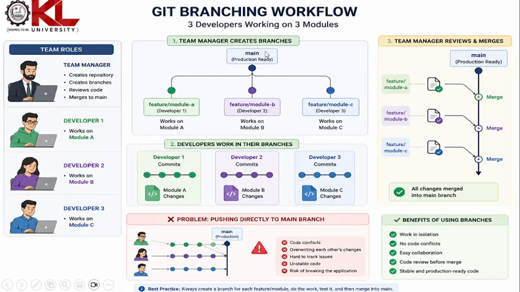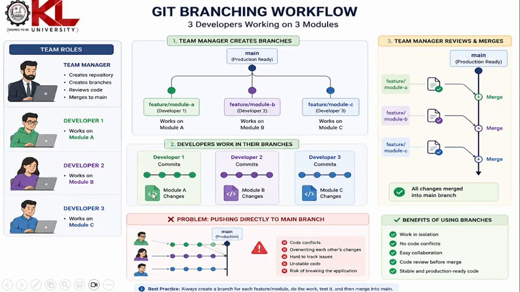Main is the main branch. Then in the repository he will create separate branches called sub branches: module A, module B, and module C. He will allocate module A to developer 1, module B to developer 2, and module C to developer 3.